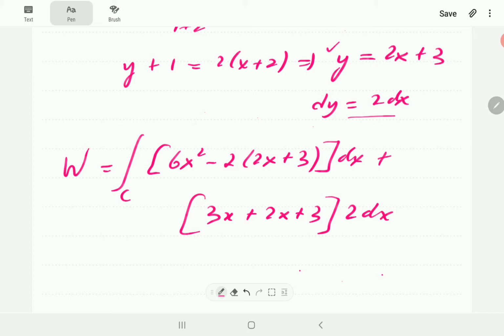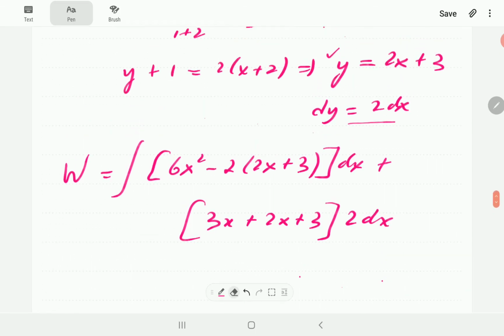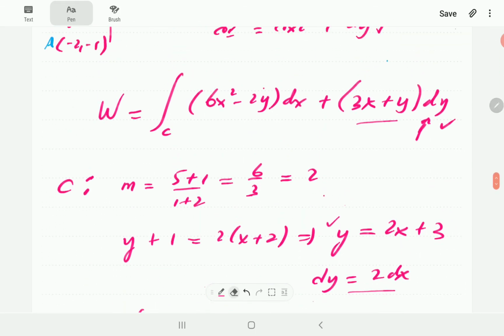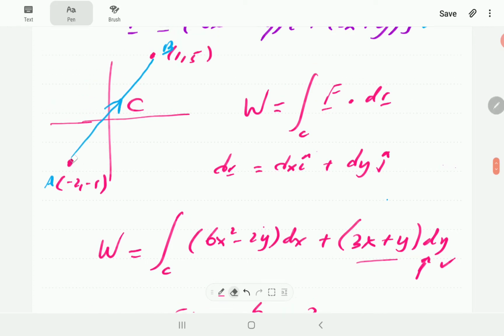Then after that, what we need to do is to remove brackets and simplify. Oh, by the way, since now this is an integral of x only, then we can write the limits in terms of x as we go from the beginning of our contour to the end point.